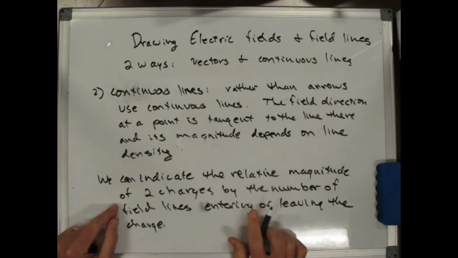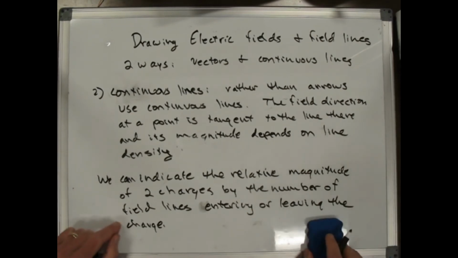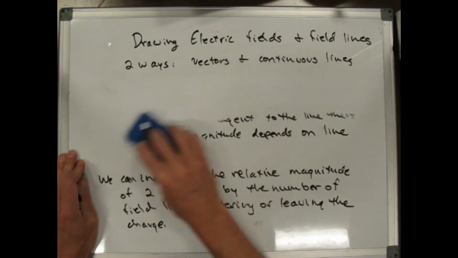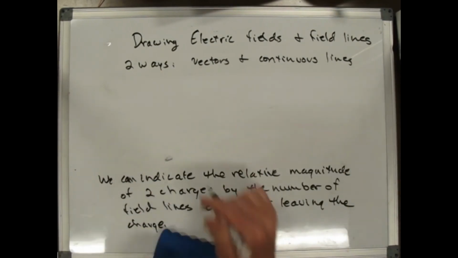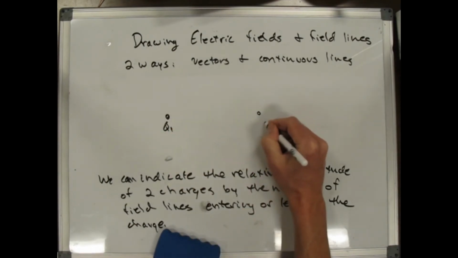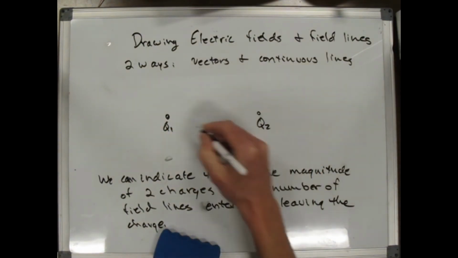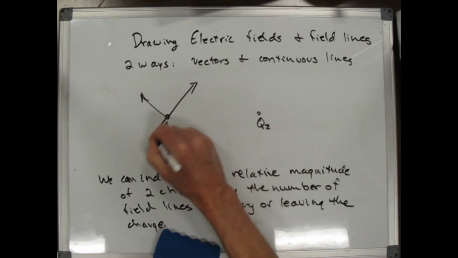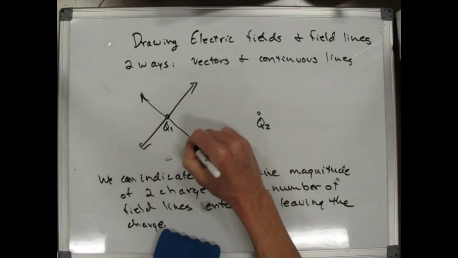So we can indicate the relative magnitude of two charges by the number of field lines emanating. And so I can say, for example, look, I've got charge Q1 and charge Q2. And Q1 has, say, 4 lines emanating from it.